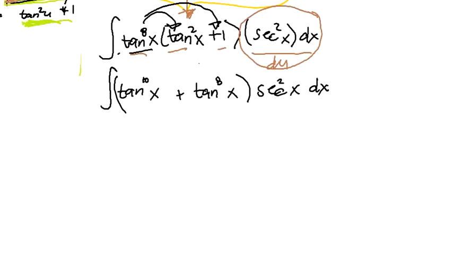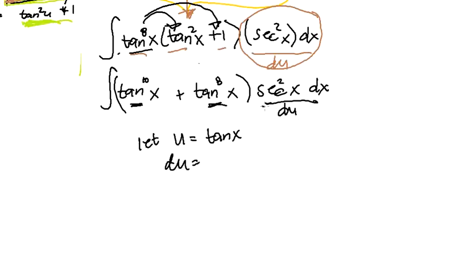As you can see, we have our term in the form of tangent and its derivative. Its derivative is secant squared x dx. So we can now let u equal tangent x, and the derivative of tangent x is secant squared x dx.